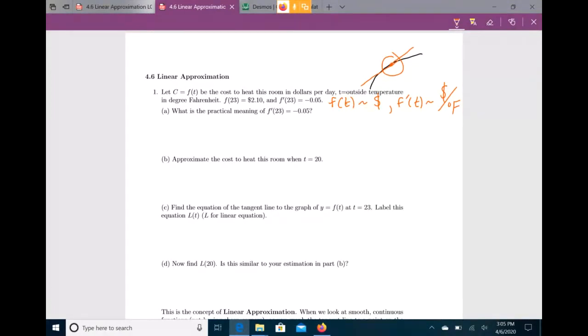Yeah, essentially, Matt, that's basically the answer to part A. What is the practical meaning of the fact that f prime of 23 is negative 0.05?